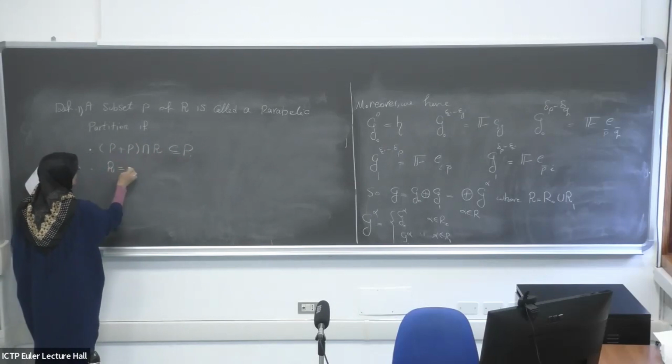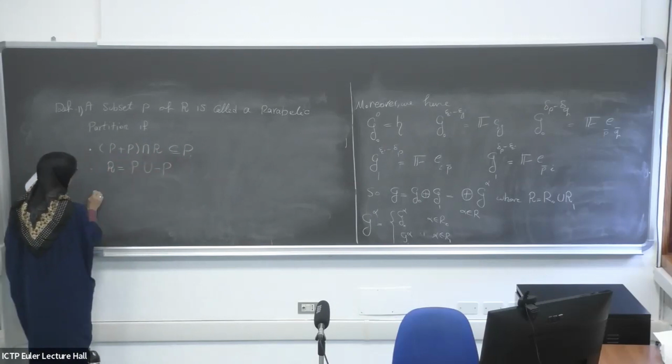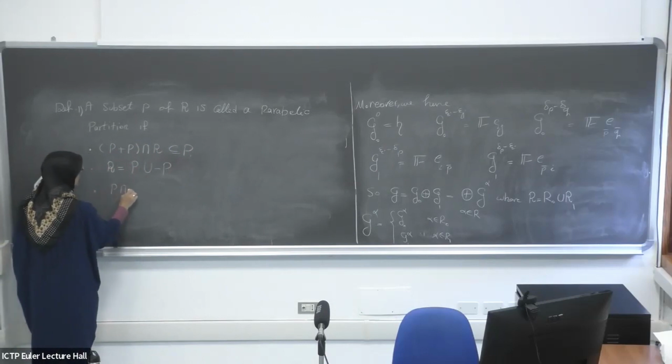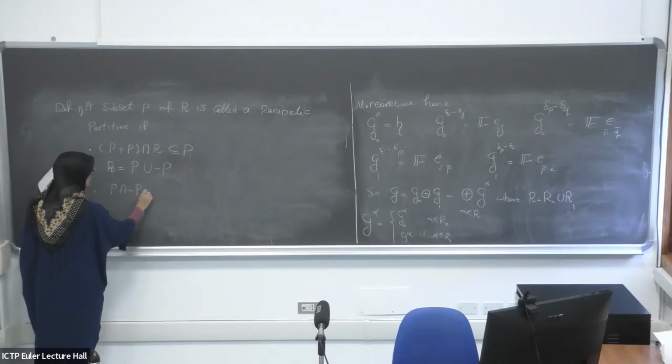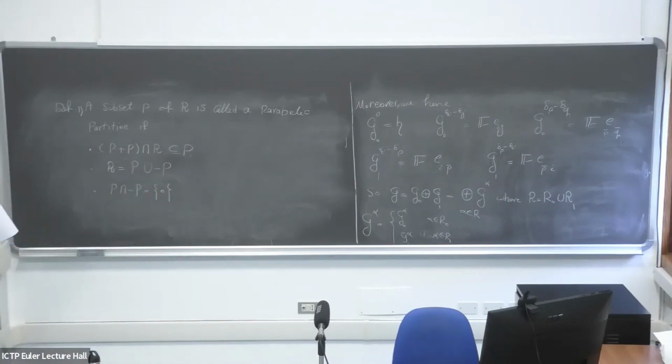R is P union minus P, and P intersection minus P is just 0. Okay, if such a thing happens, we say that P is a parabolic partition.